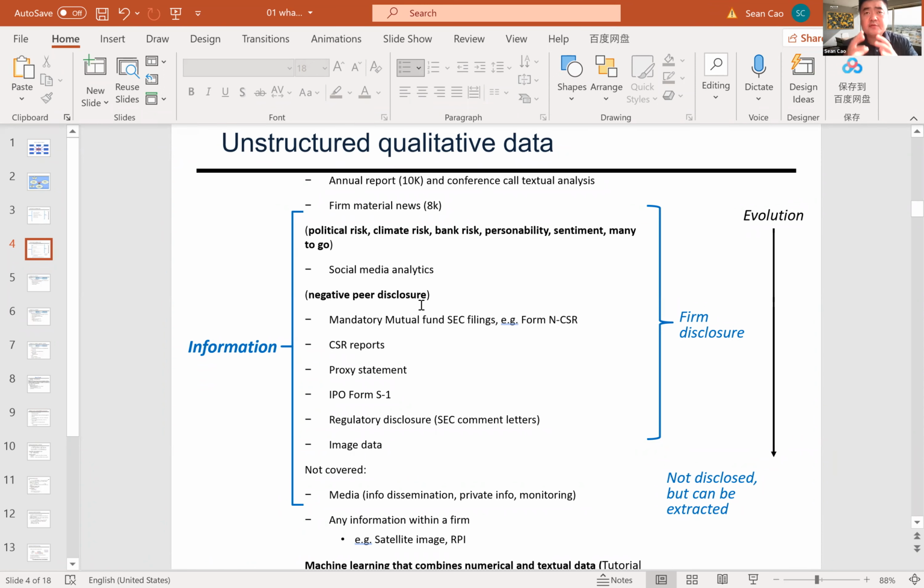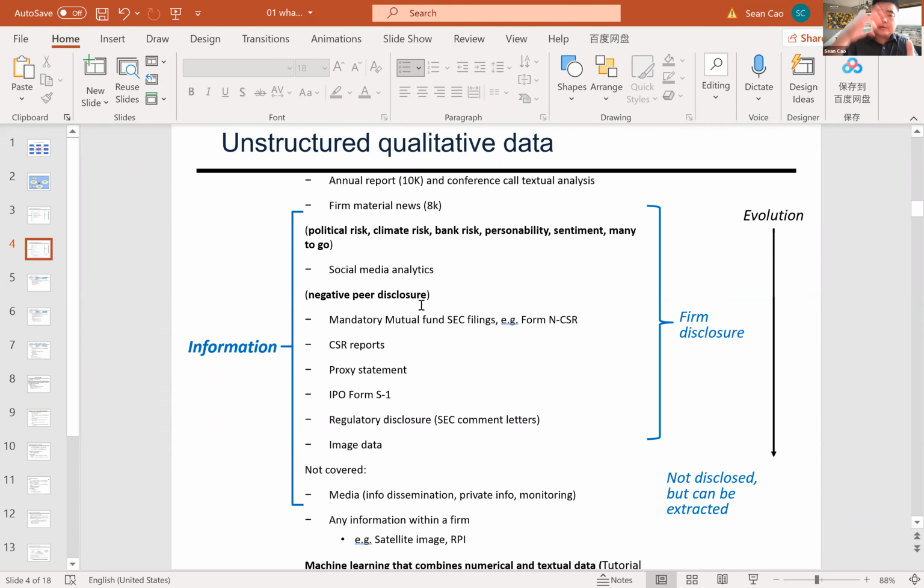These are information you can use to analyze the firm, analyze the firm's information, and help the firms to understand. So the idea here is the firm also talks a lot on their social media websites, Twitter, and some platforms. These are also important information.